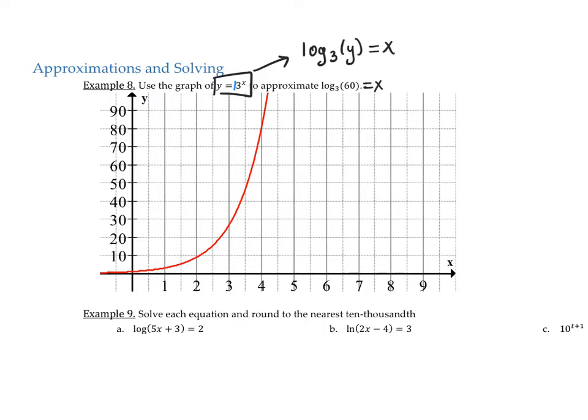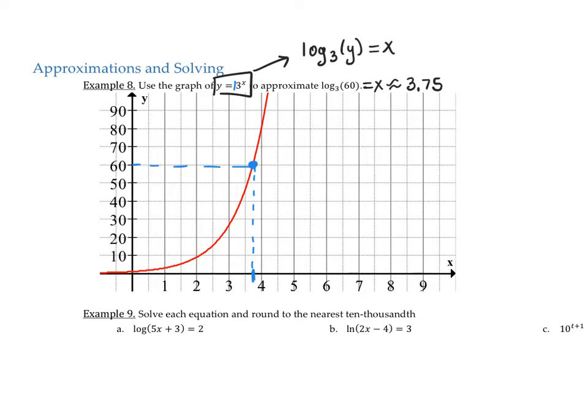What we're wanting to find out is when is the output of the exponential function equal to 60. So right here is when the output equals 60, and we are trying to solve for the input. And it looks like, just kind of guessing, that it's approximately 3.75.